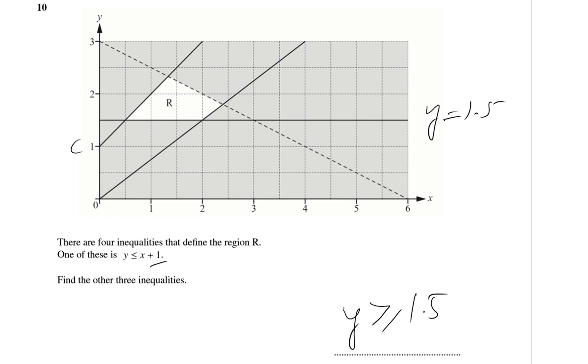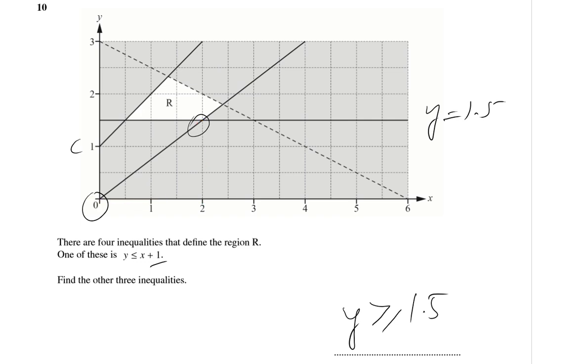Now let's do some working for the other lines. This is origin 0 comma 0, and over here you can see its gradient would be this triangle.